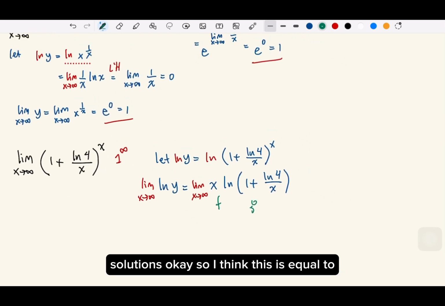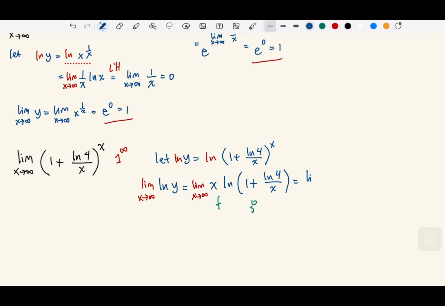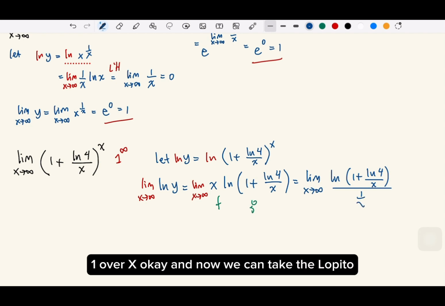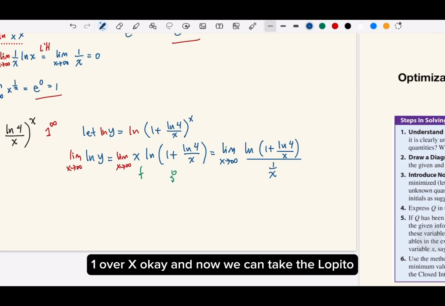Okay. So this is equal to, we can write ln 1 plus ln 4 over x, and then divide by 1 over x. And now we can take the L'Hopital.